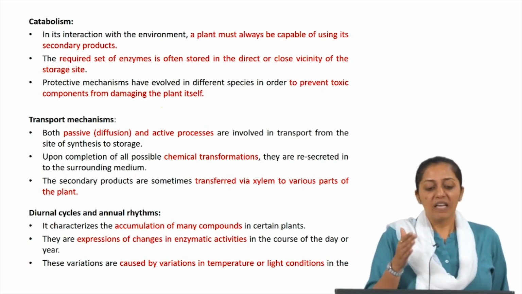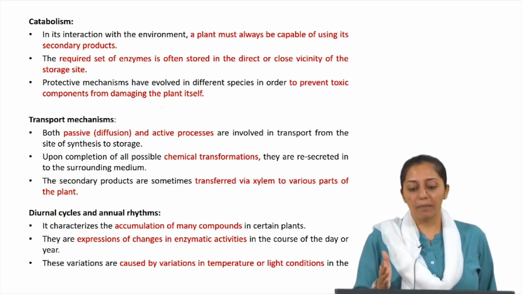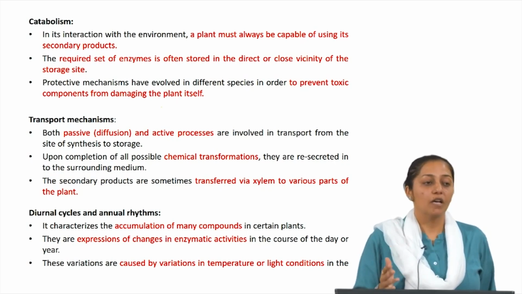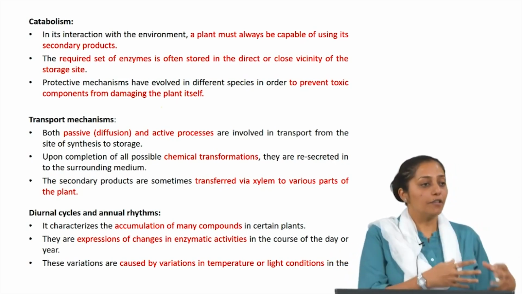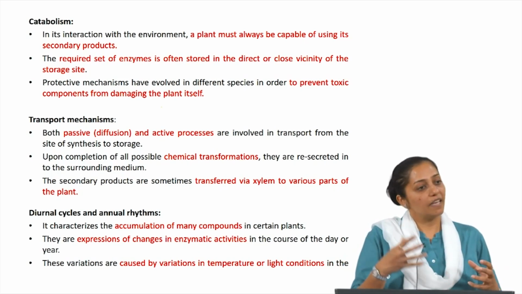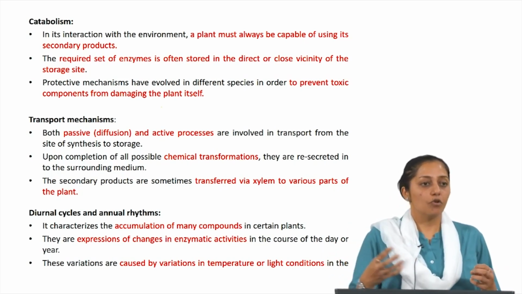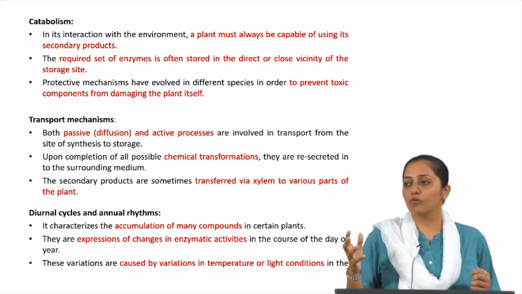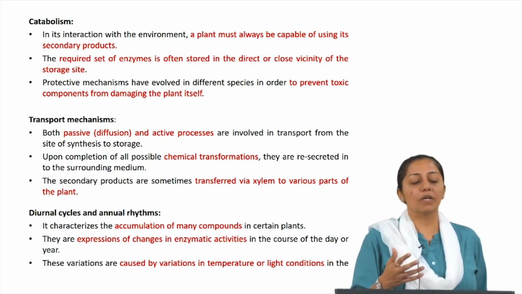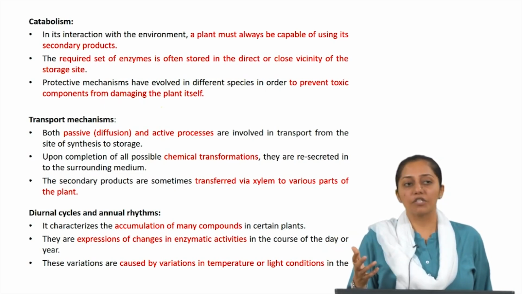So in its interaction with the environment, a plant must always be capable of using its secondary metabolites. We have spoken about this, that the site of storage may not be the same as the site of synthesis. So it is transported generally through xylem to the parts where it has to be stored, and we know, for example, the different ways in which the plant stores it.